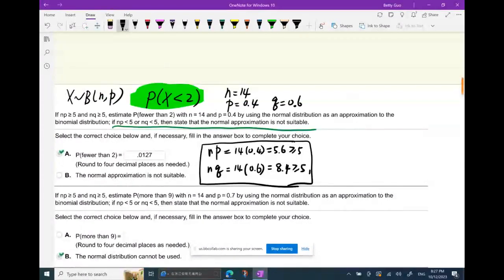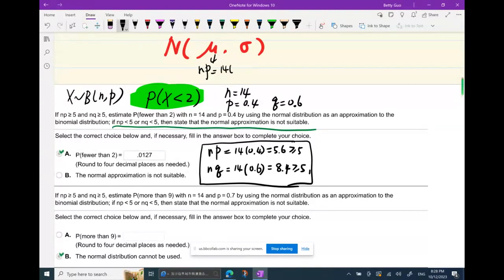All right? So we have to find the mean and the standard deviation. We have to find out what is the mu and the sigma we are using for the normal distribution that is gonna approximate the binomial. So mu here is n times p.